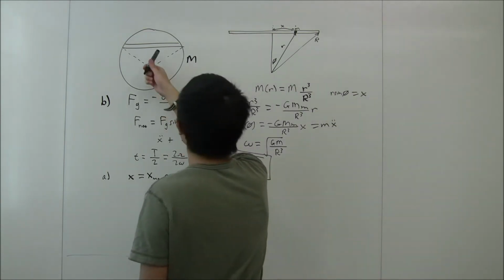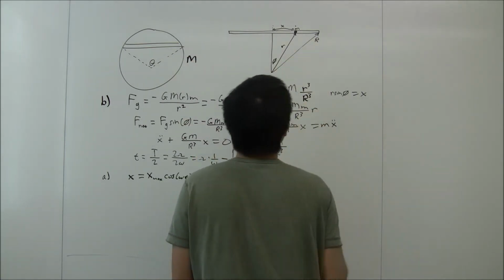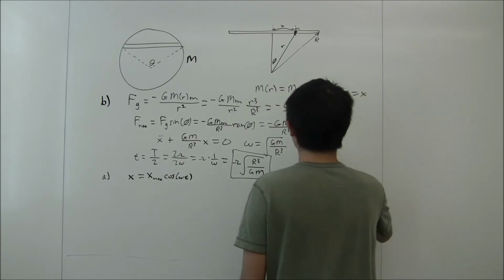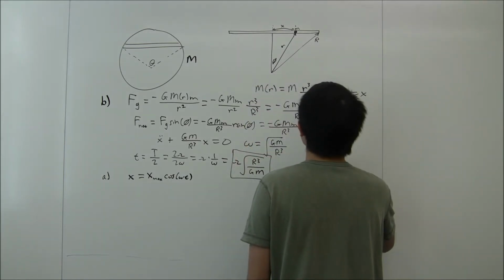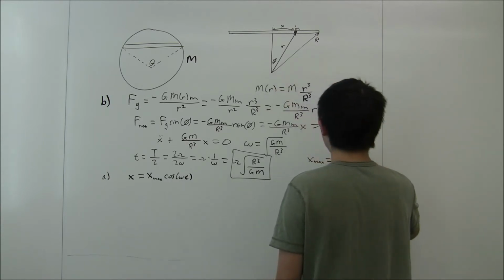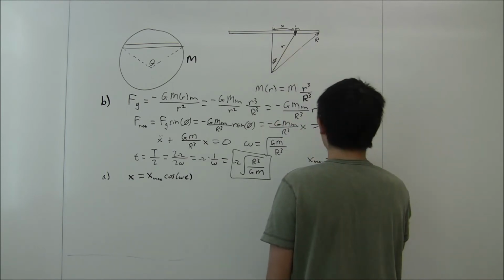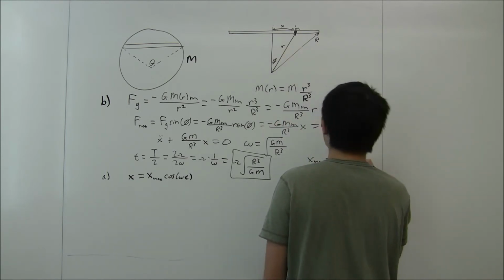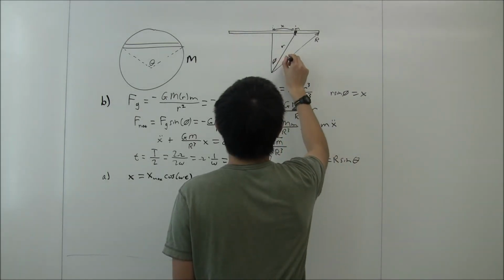Now, x max is just going to be half the width of the tunnel. So from our figure here, we know that by geometry, x max is just going to be equal to the radius of the asteroid multiplied by sine of theta, since this total angle here is going to be theta.